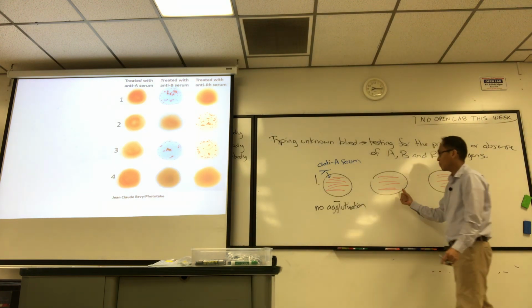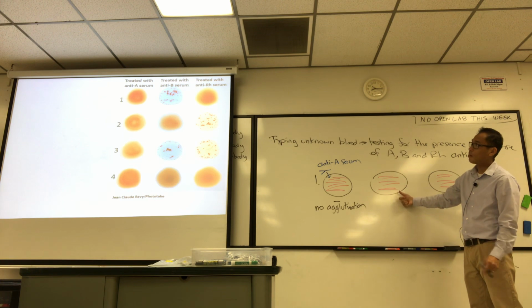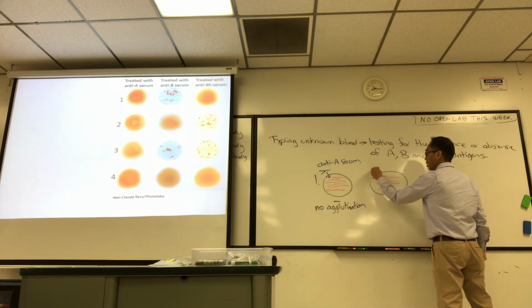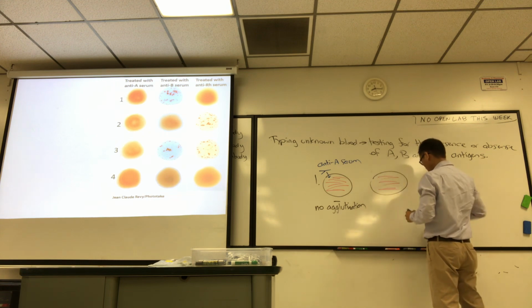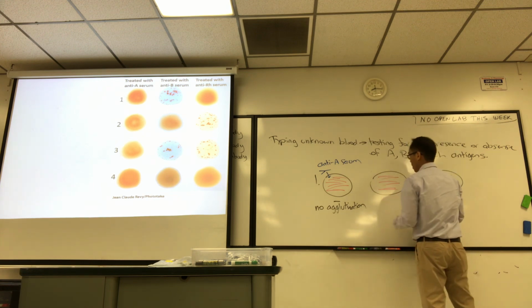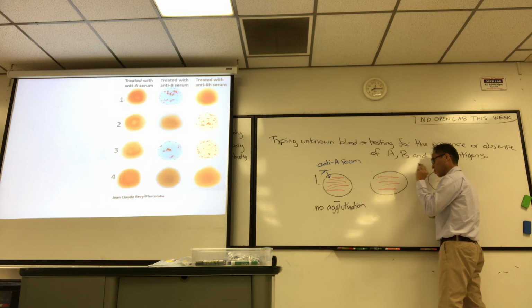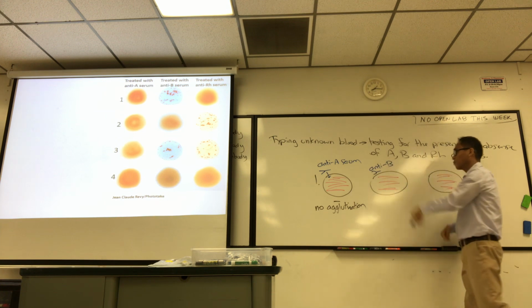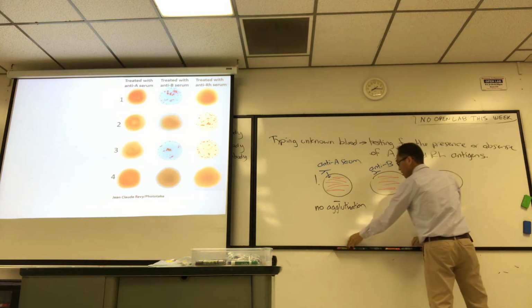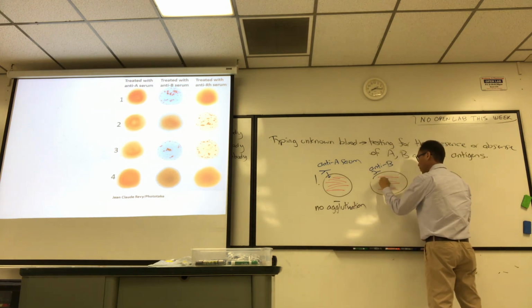Move on to the next one. What did you add to this well? Antibody against B. Let's go ahead and boom. Agglutination. So clumped up.